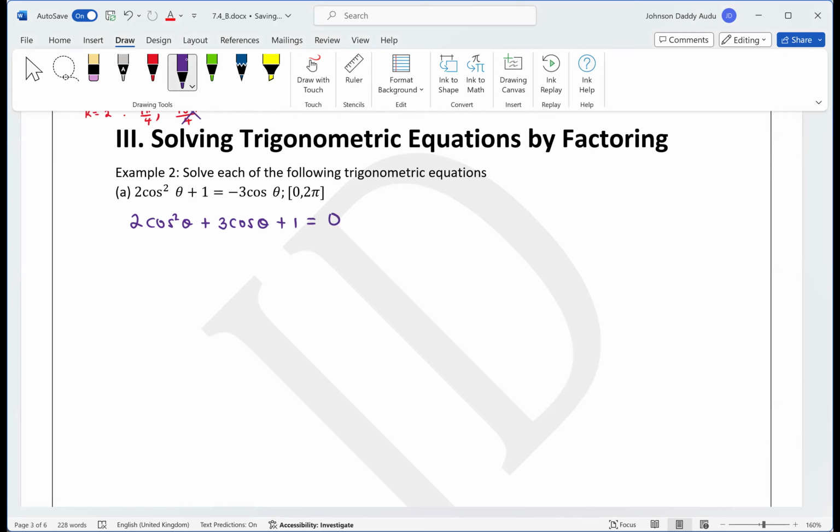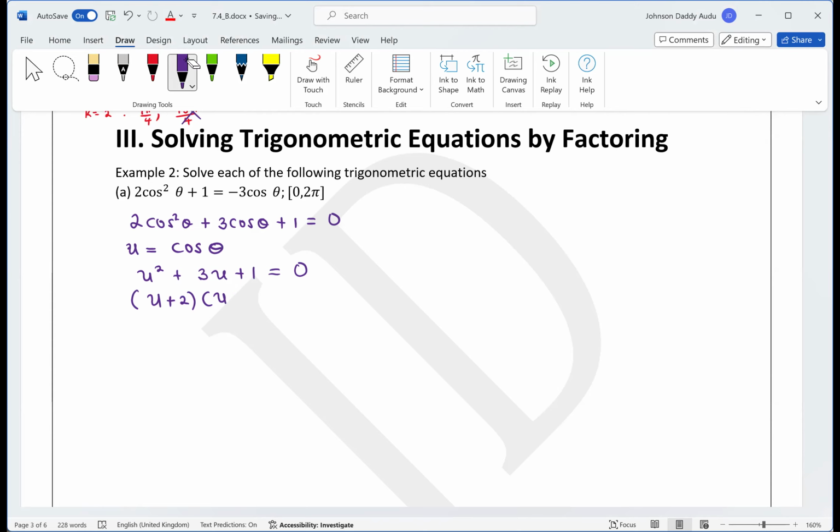Now everything is in terms of cosine, so it's fine. We can factorize this easily. One way is to factorize directly, or we can make a substitution that u equals cos theta, so that now this becomes an equation in u. And this we can factorize as u plus 2 and u plus 1.